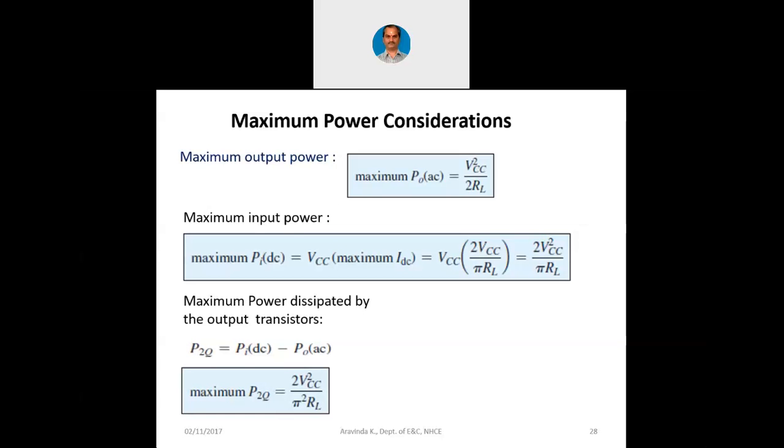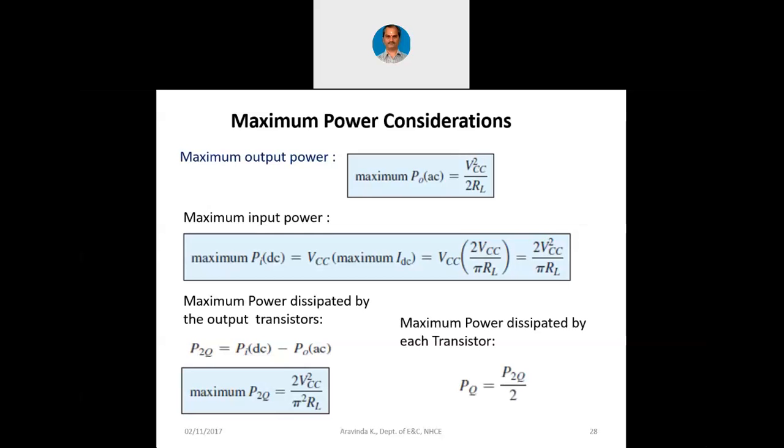You can perform this subtraction also, you can verify this answer. Now the power that is dissipated by each transistor will be this divided by 2, which means the maximum power which each transistor will dissipate is VCC square divided by pi square RL. That is P2Q divided by 2, that is VCC square divided by pi square RL.